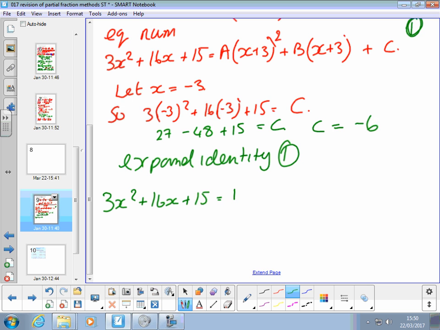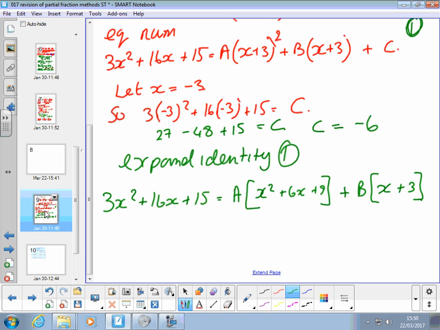is equal to A times, and what's that x plus 3 squared term multiplied out? X squared plus 6x plus 9. Yep. Plus B times x plus 3. Right? Happy?